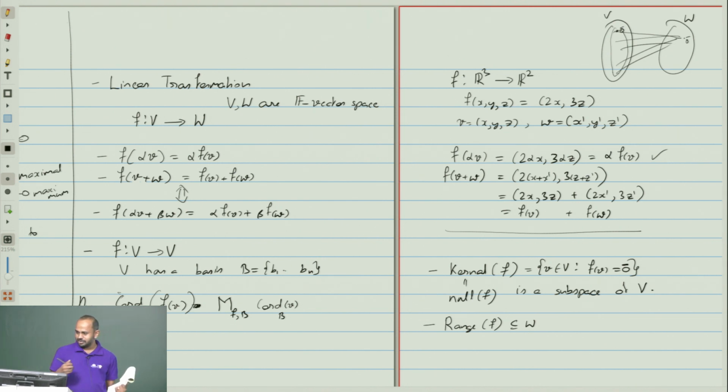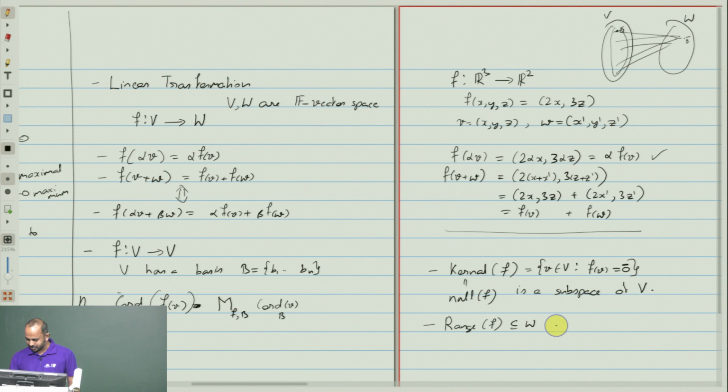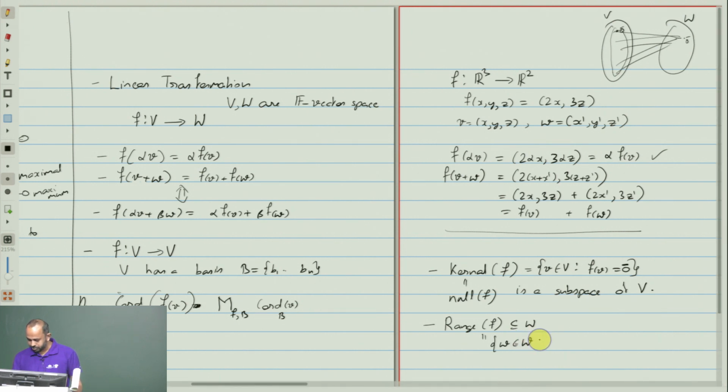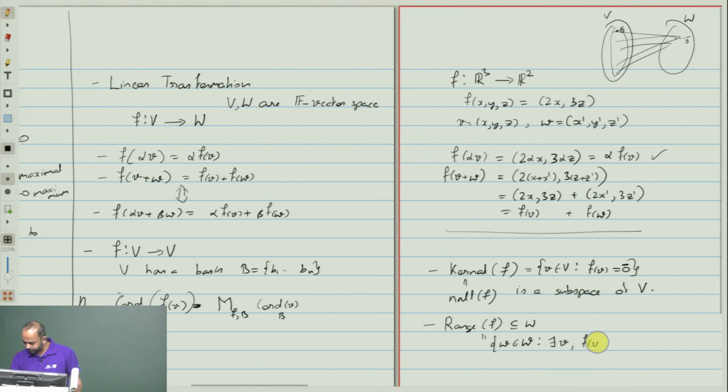It is the set of outputs. The range of f is the set of w belonging to W such that there exists v such that f of v equals w. It is a set of elements.